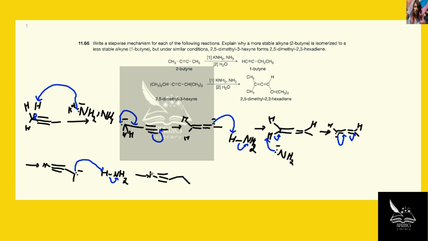But now we see that we have a terminal alkyne, and what do we know about this proton? Well, this proton is very acidic. So if we were to use this base again, we can deprotonate this into a carbanion that's a very, very reactive nucleophile.